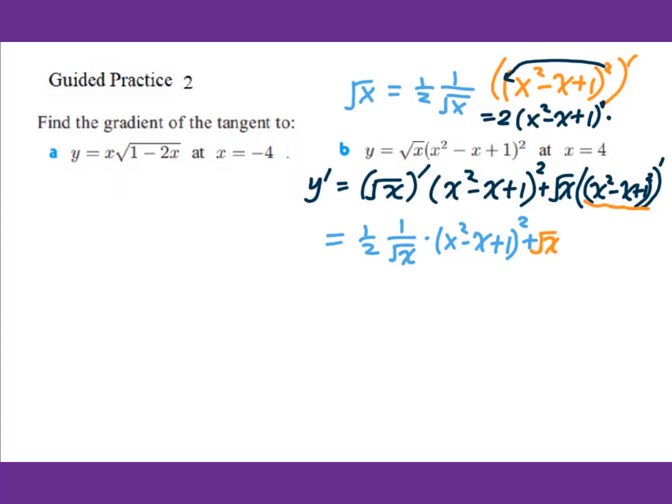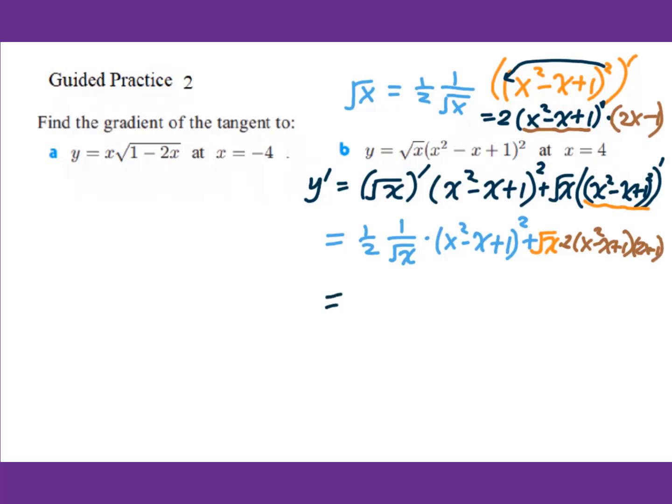You have to do the chain rule for x squared minus x plus 1. You will get 2x minus 1. So we write down here times 2 times x squared minus x plus 1 times 2x minus 1.